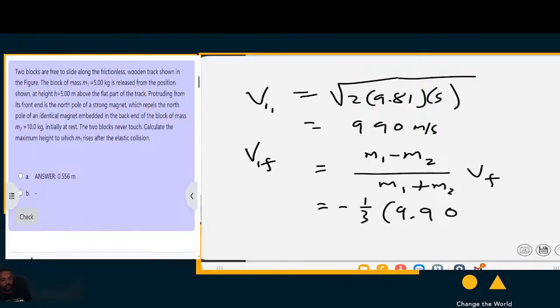That's Vf. So the final velocity should be negative, and it's negative 3.30 meters per second. That is the velocity just after the collision.